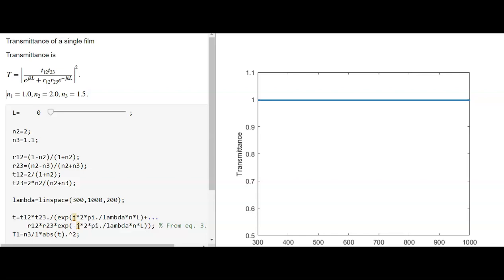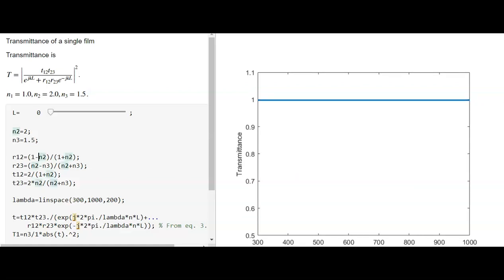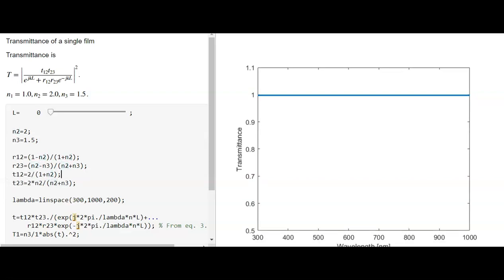From these refractive indices, we can calculate the corresponding reflection and transmission coefficients. The wavelength range in the simulation is 300 to 1000 nanometers.